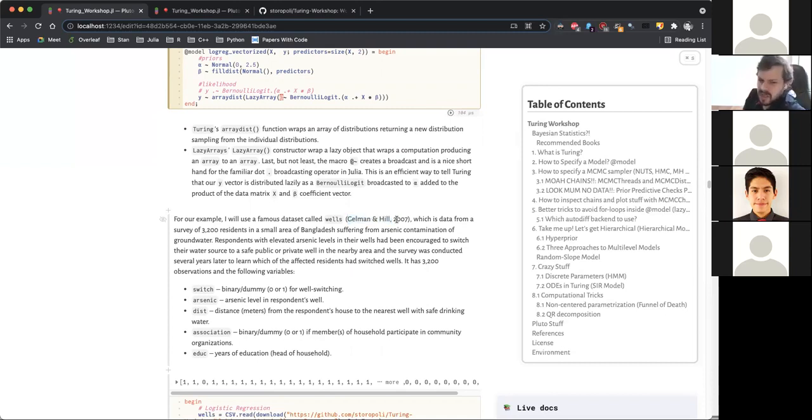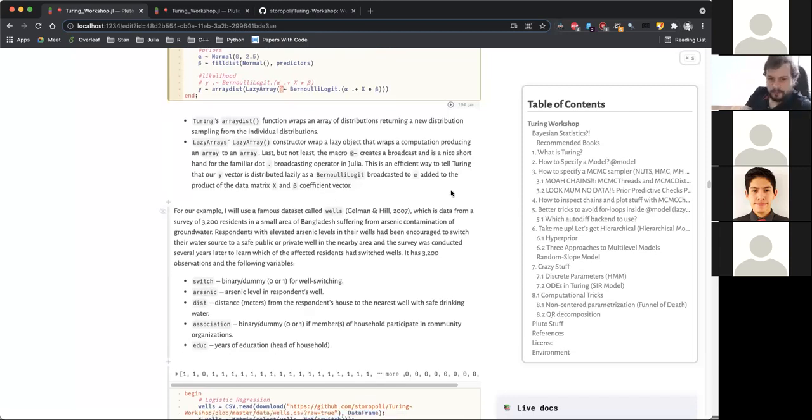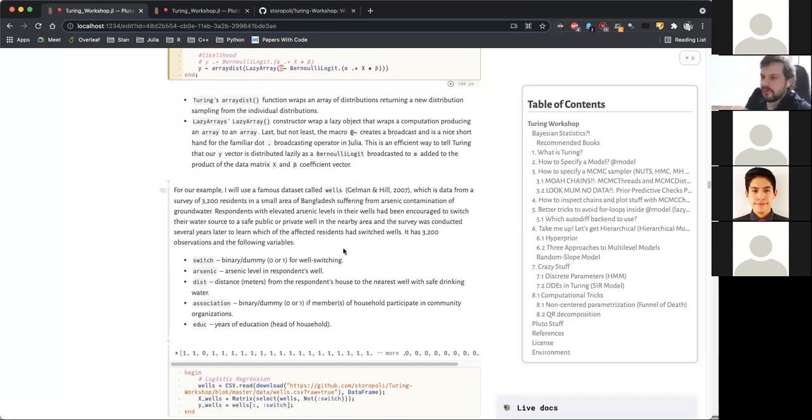It was 2007. Most of those examples are now translated to Stan and Turing, and you can go ahead and use them. So we have data from a contaminated region in Bangladesh, with around 3,200 residents.